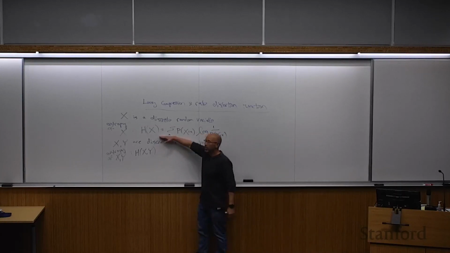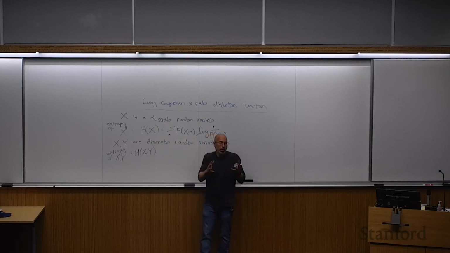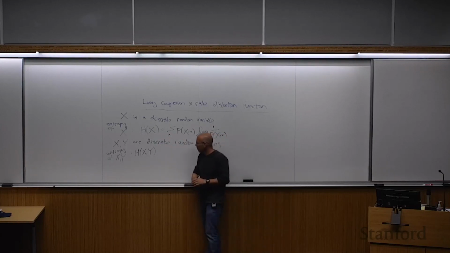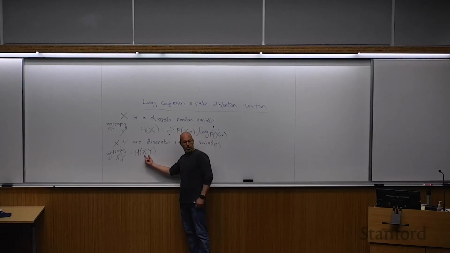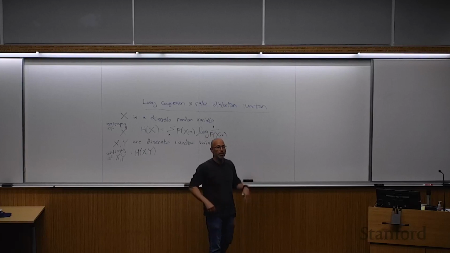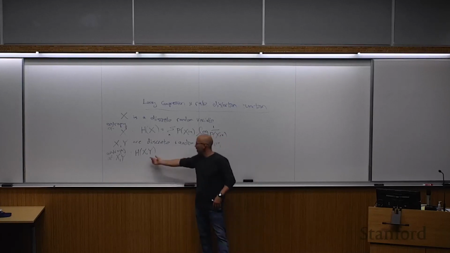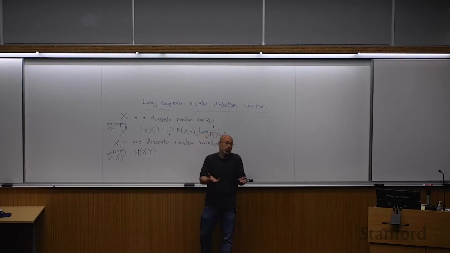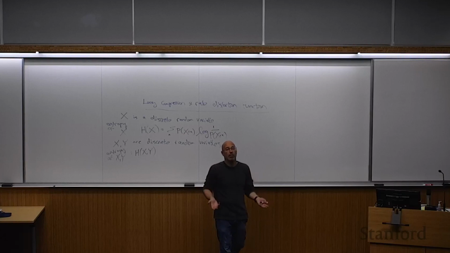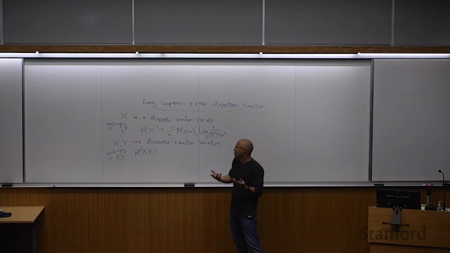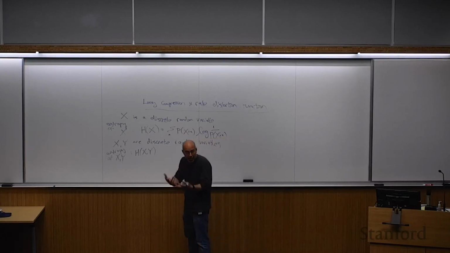It's nothing but this entropy, this time associated with the random object which is the pair. Just like X was a random object taking values in some space of possible values, this pair of variables is also jointly a random object, taking values in some alphabet of pairs.